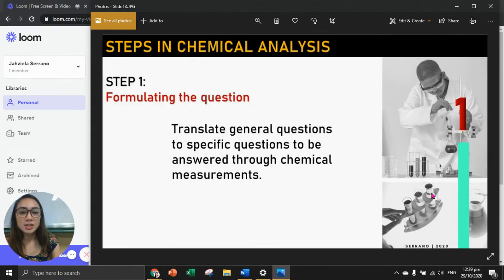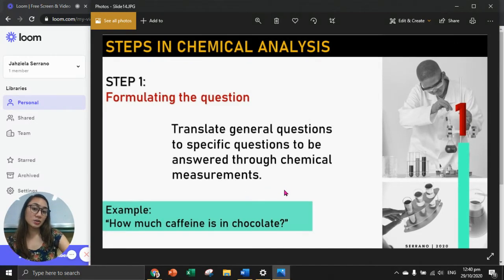So dito sa first step, sabi dito, you have to translate the general questions into specific questions to be answered through chemical measurements. So, ito, no? Please take note of chemical measurements. Ibig sabihin, usually, ang mga tanong dito, for example, is how much? How much caffeine is in the chocolate?